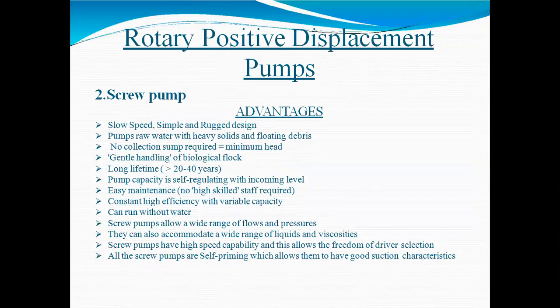What are the advantages of a screw pump? It is slow speed. Because, as I said, we can change the flow of the pump, or the flow of oil, by changing the speed of your rotor. So once the speed changes, it will suck oil at a faster rate and deliver it at a faster rate.